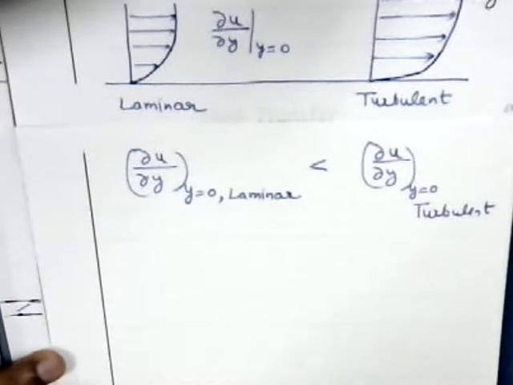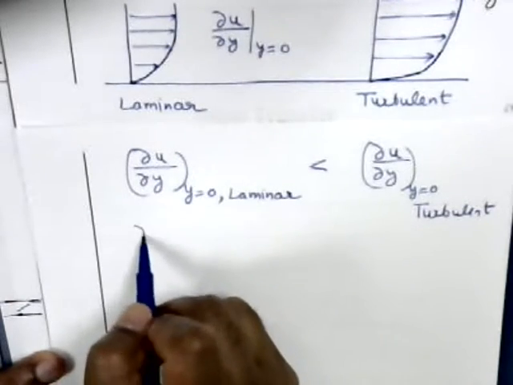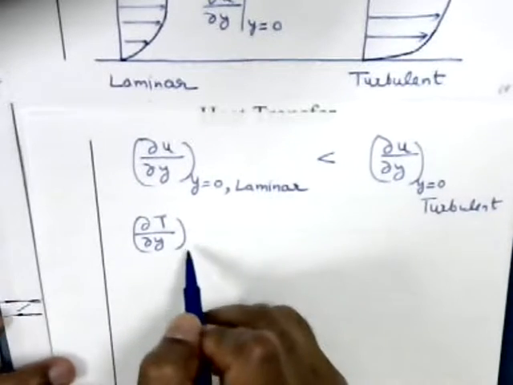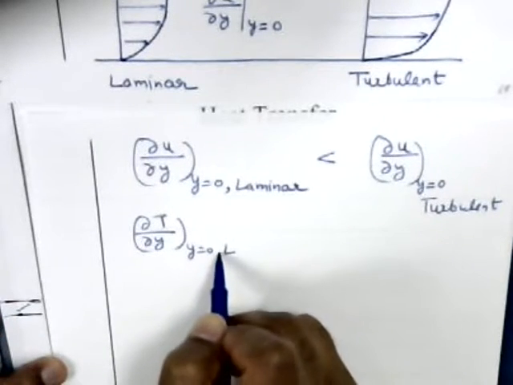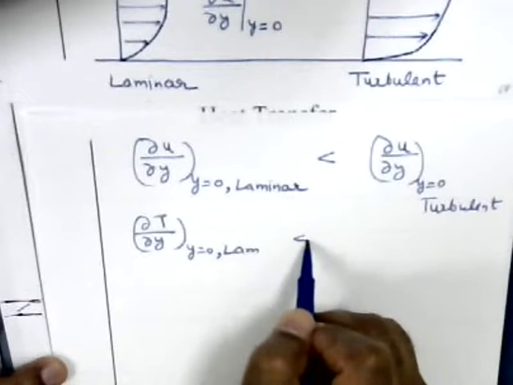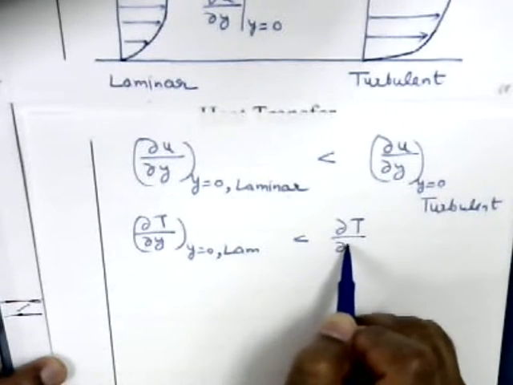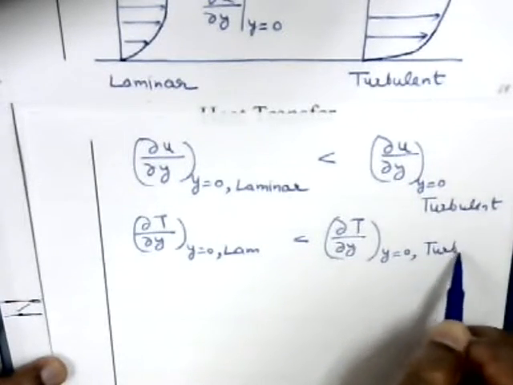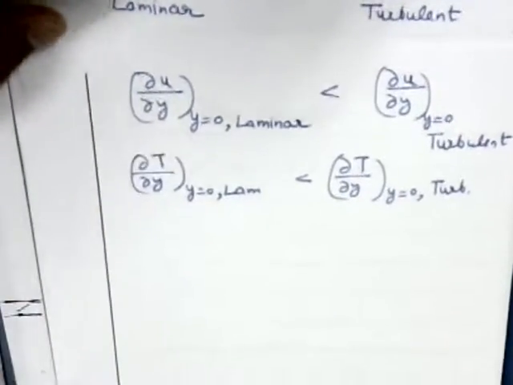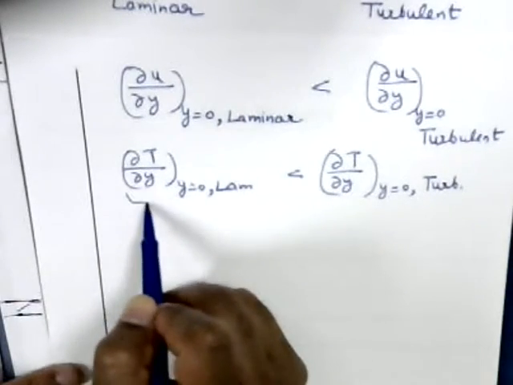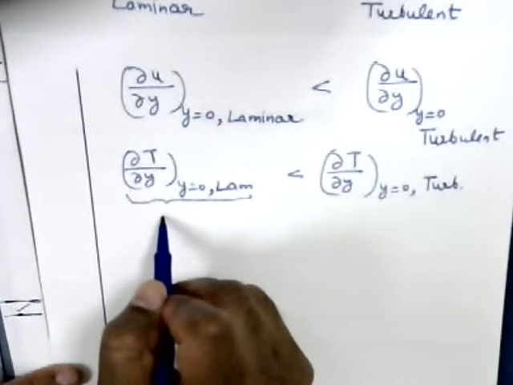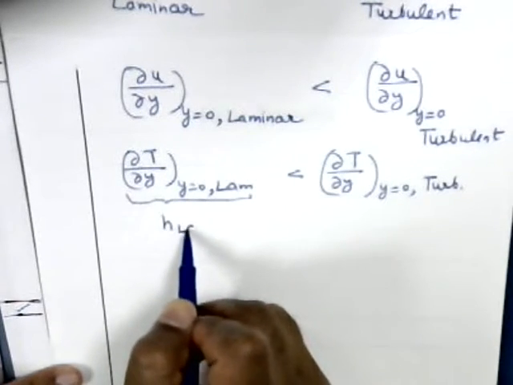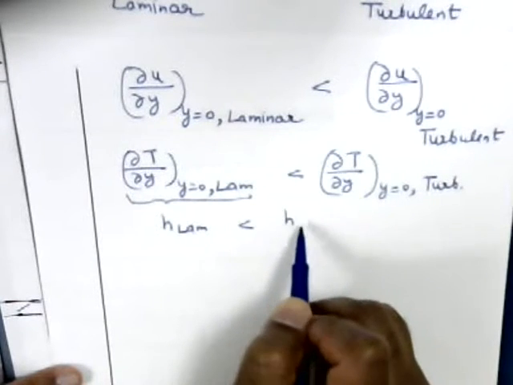And the same is the situation with temperature. You'll have del T del y at y equals 0 for laminar, then del T del y at y equals 0 for turbulent. And the implication of this is the local convection coefficient, h, which actually depends on this temperature gradient. So you'll have h laminar less than h turbulent.